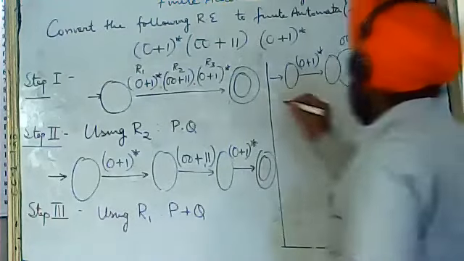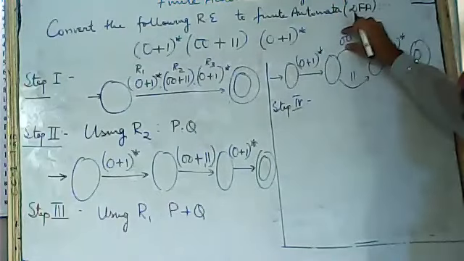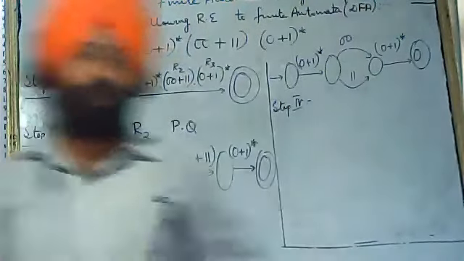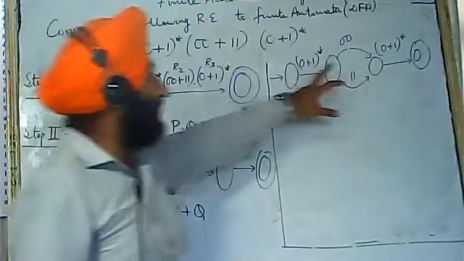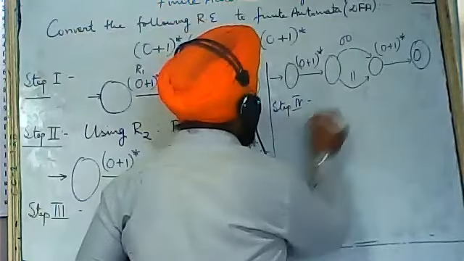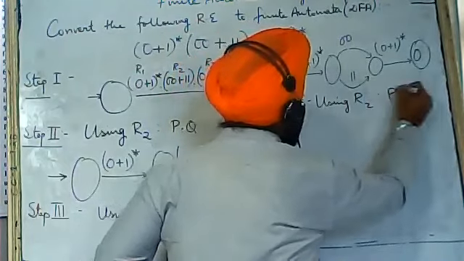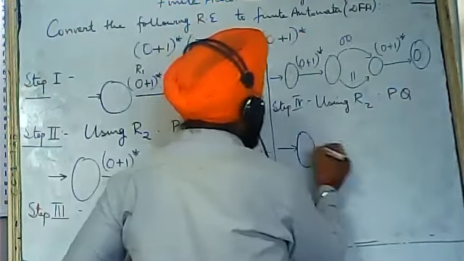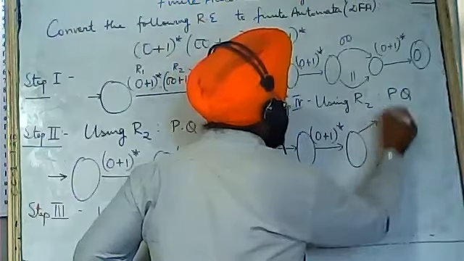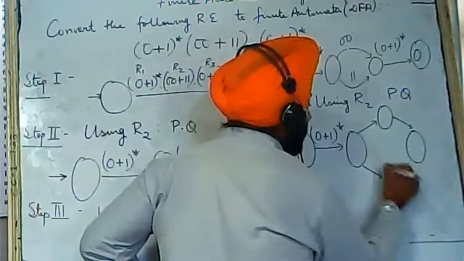So next, step number 4. The next rule is P dot Q, P dot Q. Here you can see that the same rule is applicable. If you have the same rule, you can apply it in a single step only, right? So here I am again using R2, which is P dot Q. One state will be introduced between these two, and again one state will be introduced between these two.